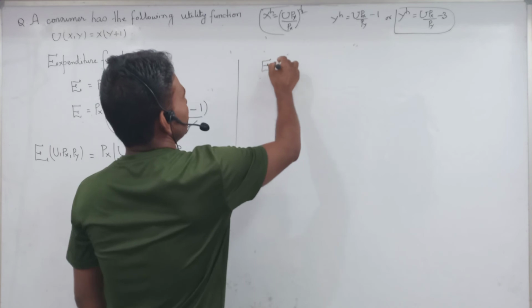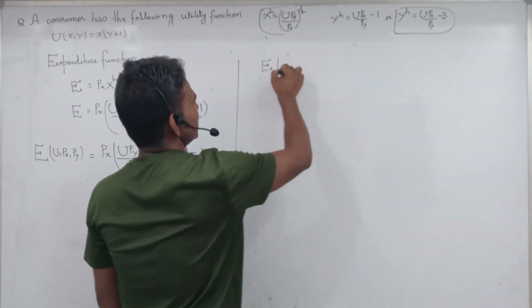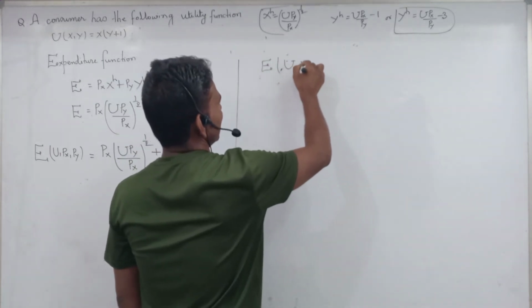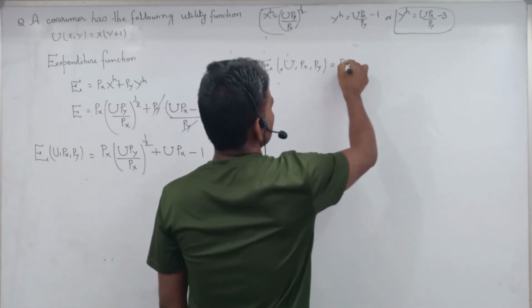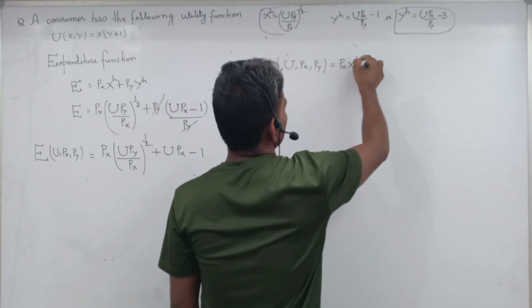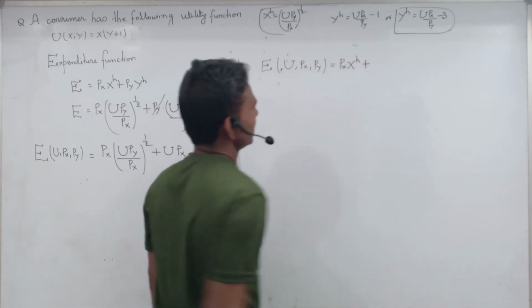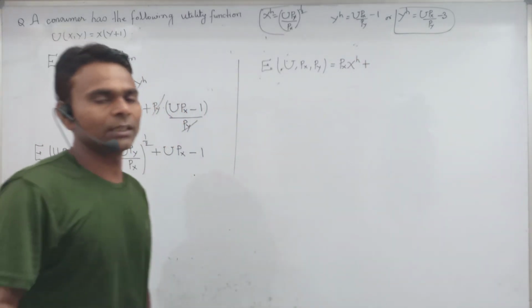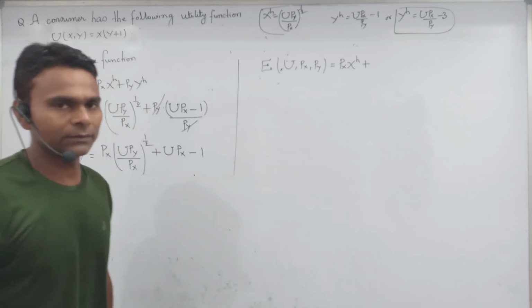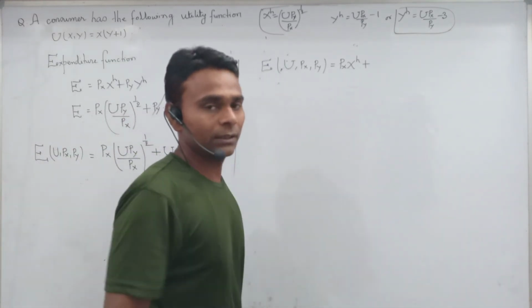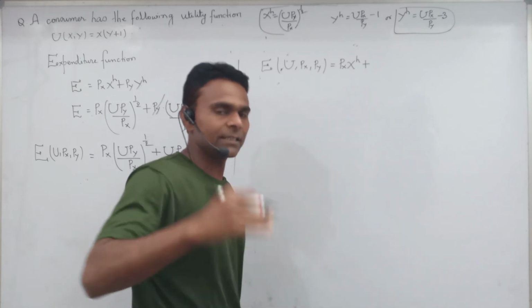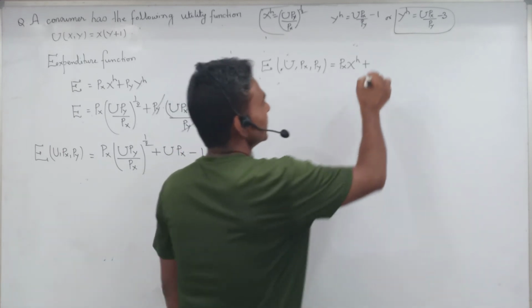The expenditure function, which is a function of utility, price of x, and price of y, equals price of x times the Hicksian demand function for commodity x. We got a single Hicksian demand function for commodity x in this question, but two Hicksian demand functions for commodity y.